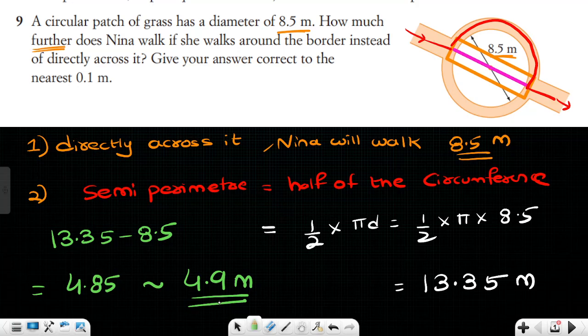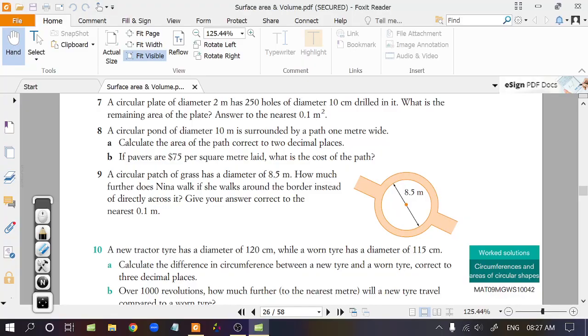Correct. Now I think this is 4.9. Whether the answer is correct or not, Akshita, please check it. Anything wrong, and if you have the proper idea, please go ahead with that and just message me on WhatsApp. Okay. This is about the ninth question.